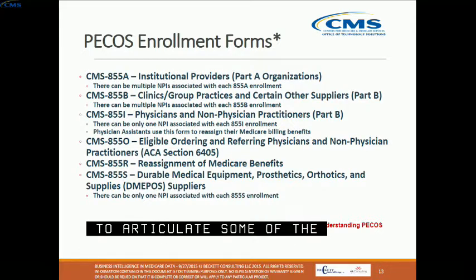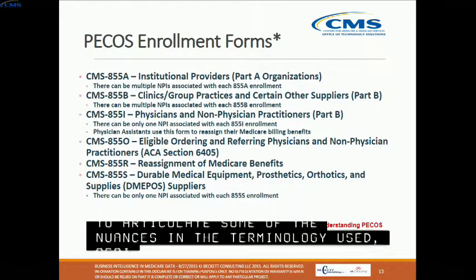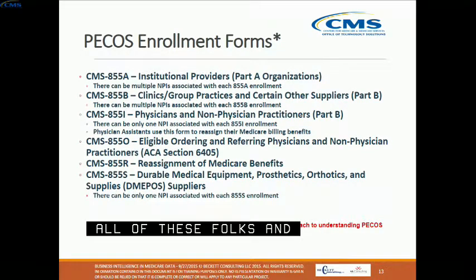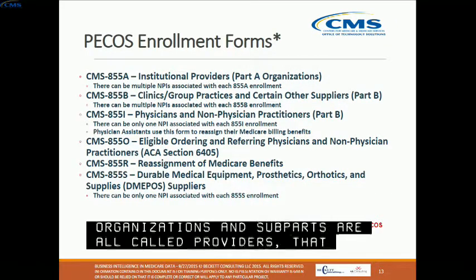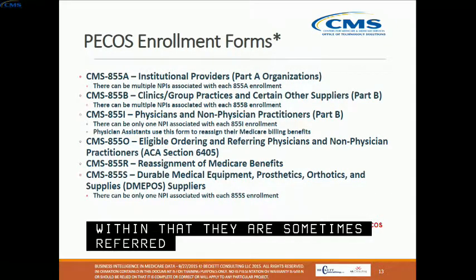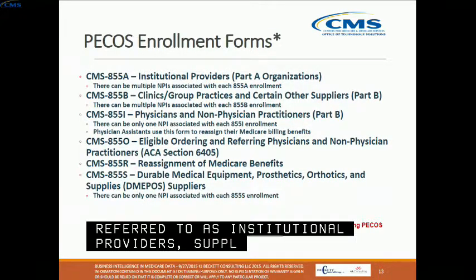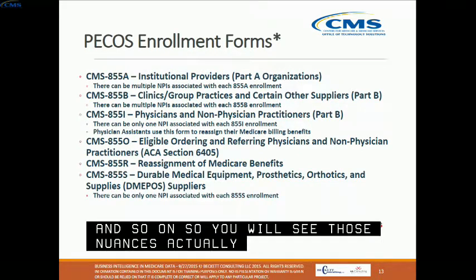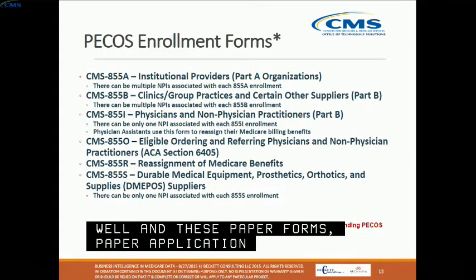The global terminology is that all of these folks and organizations and subparts are called providers. But within that, they are sometimes referred to as institutional providers, suppliers, DME suppliers, chain organizations, and so on. You'll see those nuances described very well in these paper application forms. So it's educational to go through and look at these forms.